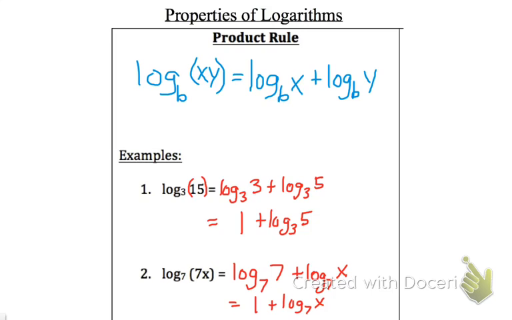So it's a way of taking one logarithm that's a product and splitting it into the sum of two individual logarithms. The reverse direction is also true. We can also go from two logarithms with a common base being added together to combine them into one logarithm of the product.